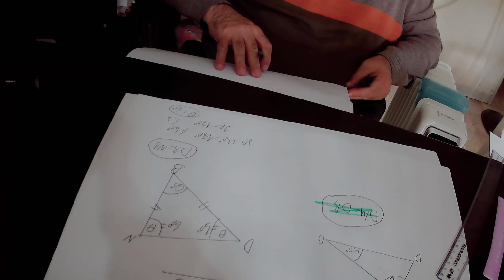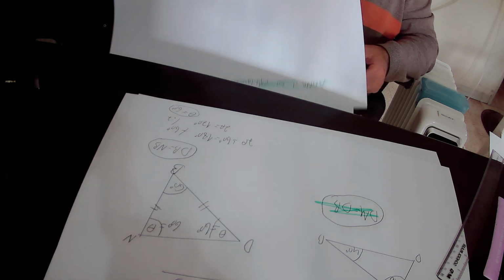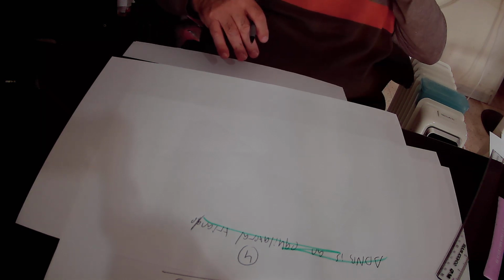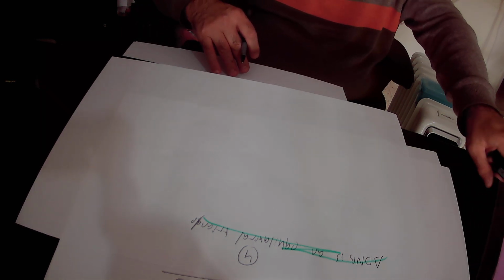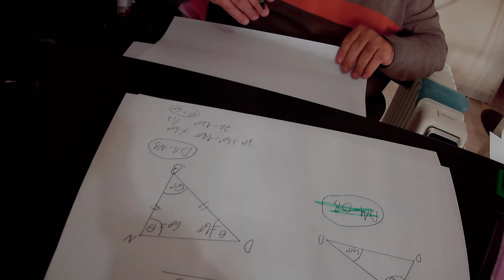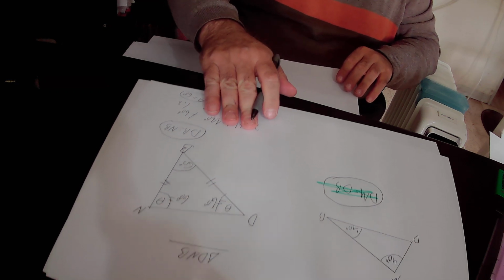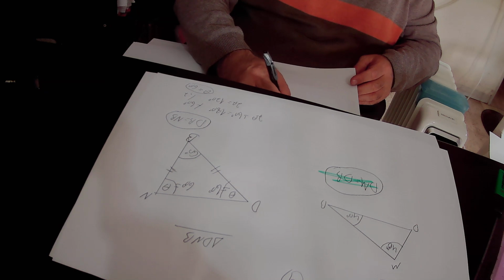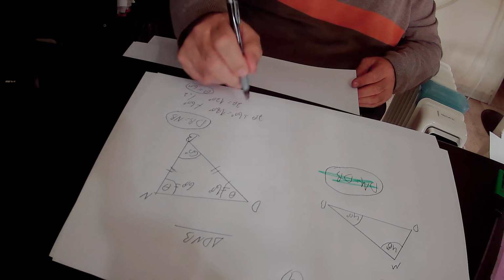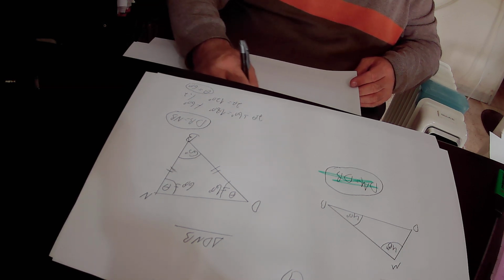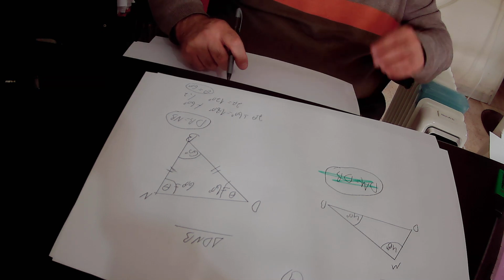Okay, again, triangle DNB is an equilateral triangle, and we know that in any equilateral triangle all the sides are equal to each other. That is to say, in the equilateral triangle DNB, DN equals NB equals DB.